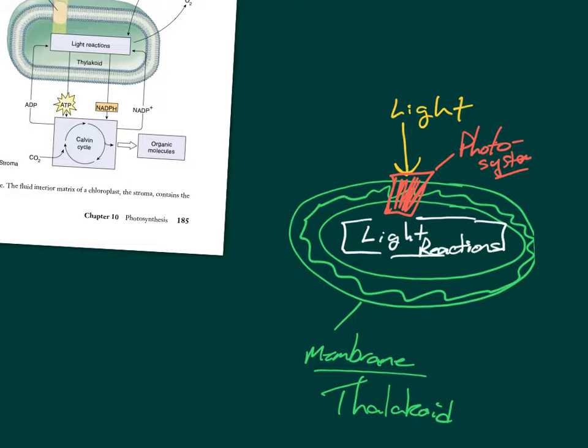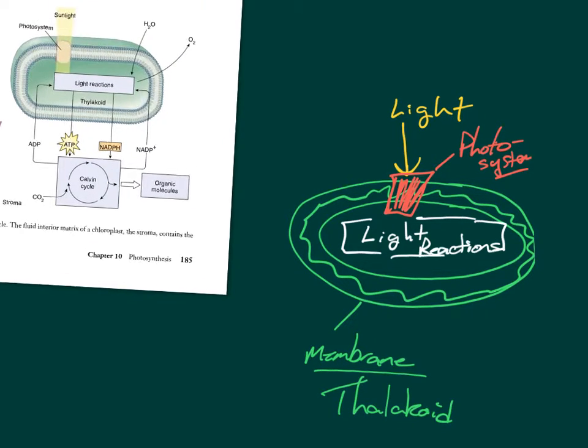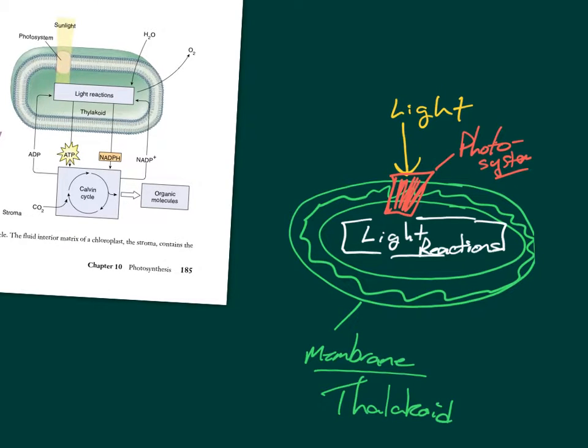Good. That's, well, kind of. It's a little more complicated than that, but let's say this. One thing we know, light goes in for sure. And we know also, you're right, that we get water going in. That's for sure. Light and water. See the plus? It's a chemical reaction.